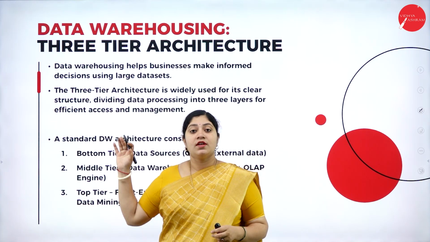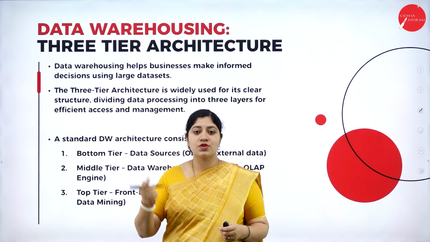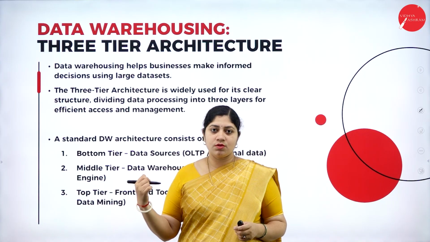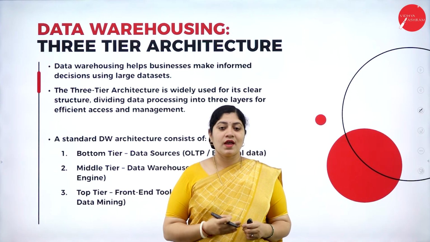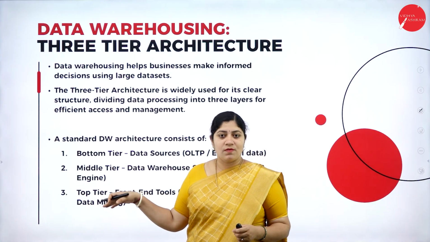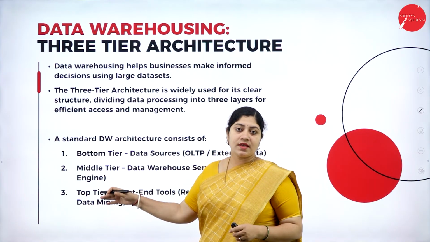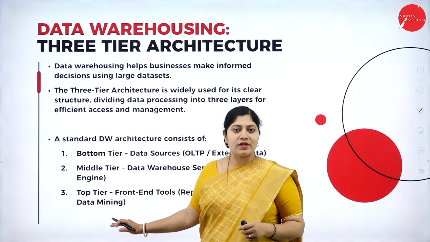So that's why the three-tier architecture is very important. And let me tell you, this is the most important question from unit 2 with respect to your exam as well as internals point of view. Now, as it is a three-tier, it is divided as the bottom tier, the middle tier, and the last tier is called the top tier.